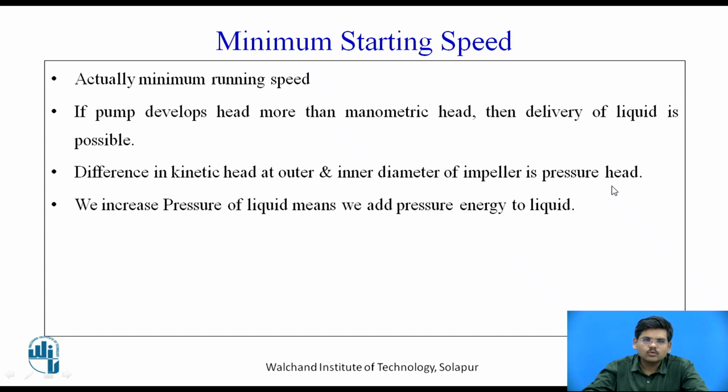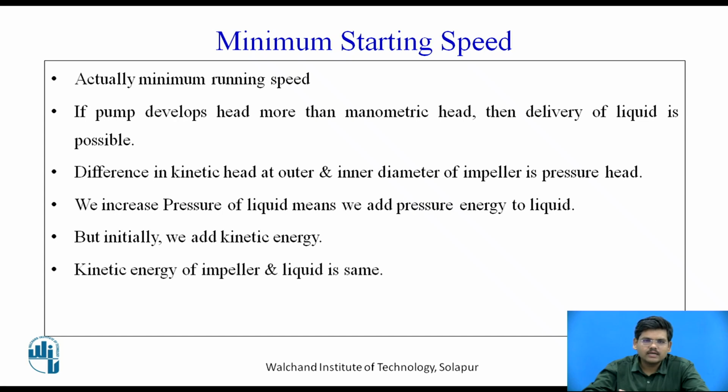When your impeller is rotating, slowly the pressure is built, but it is revolving at a high kinetic energy or high velocity, and that will accumulate for a very small time at the delivery pipe, and then will have the desired pressure. Initially we add kinetic energy, and that kinetic energy is converted into the desired pressure energy. But it is different at different points on the impeller.